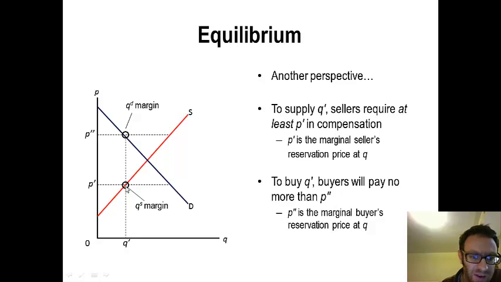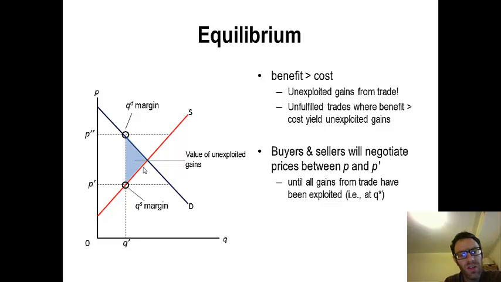In fact, for any of the quantities where the height of the demand curve exceeds the height of the supply curve, buyers and sellers can agree upon a price that will make them both better off. And if they don't agree to those transactions, for whatever reason, then we can view the area of this blue triangle as unexploited gains from trade, because the benefits of producing these units, measured again by the height of the demand curve, exceed the cost as measured by the height of the supply curve.